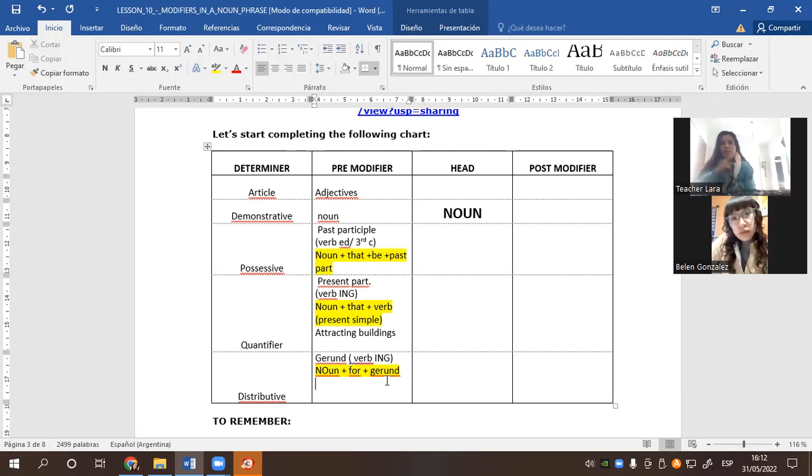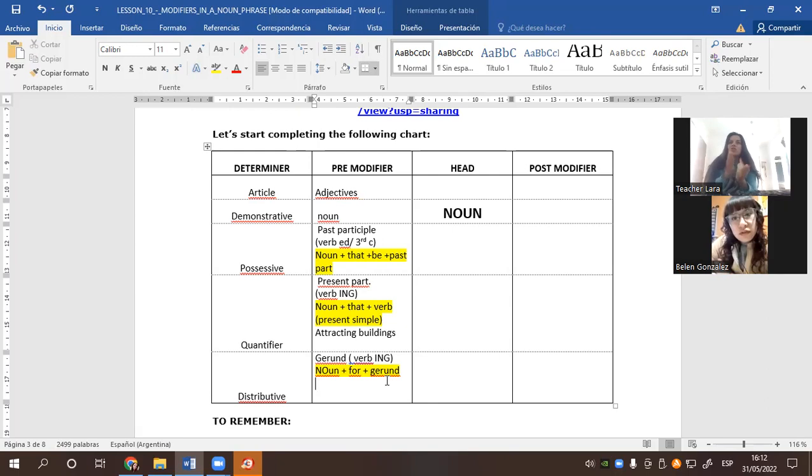Pay attention. Present participles, in their function, are more like verbs than gerunds. Gerunds are more like what? Like adjectives?